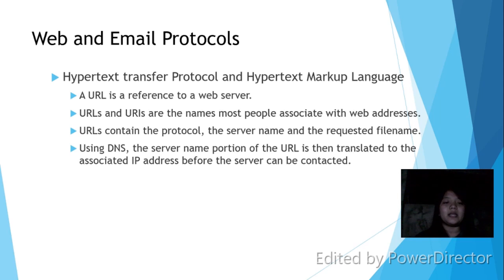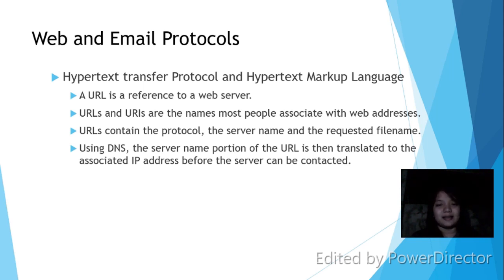So web and email protocols. Hypertext Transfer Protocol and Hypertext Markup Language. A URL is a reference to a web server. So the URL is like the link. URLs and URIs are the names most people associate with web addresses.